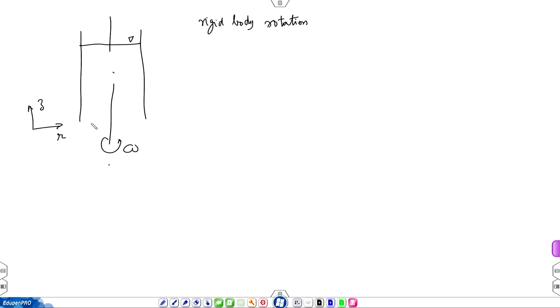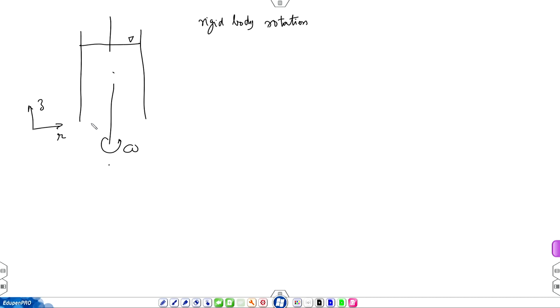Omega is constant, there is no angular acceleration, but even a constant omega can give rise to acceleration of the fluid because it is moving on a curvilinear path. What is moving on a curvilinear path? The fluid particles, so to say. In our analysis, that would be a small element that is taken up for analysis. That acceleration will be centripetal and will be like A x, here it will be directed inwards.